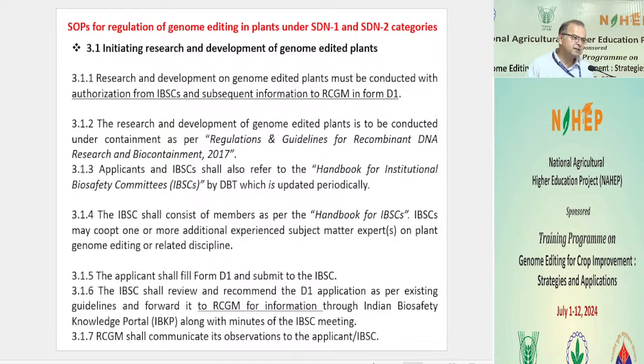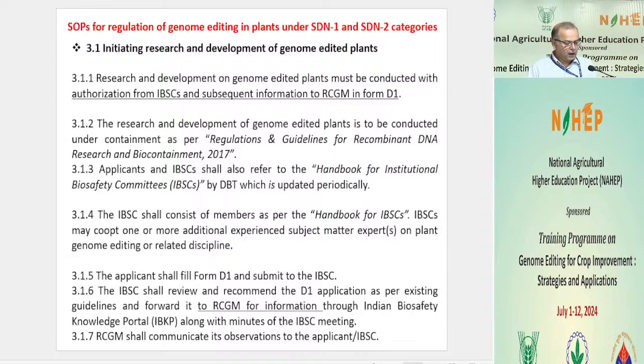It tells you the do's and don'ts, so you are under the obligation to follow this guideline. All these guidelines are available through the DBT website, so you can go through them in detail. Applicants and IBSCs also refer to the Handbook for Institutional Biosafety Committee by DBT, which is updated periodically. You can look into the IBSC guideline also.